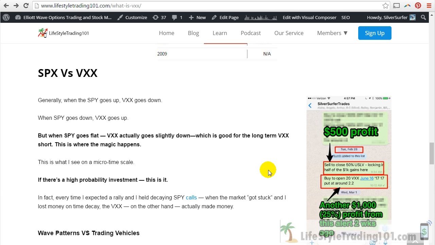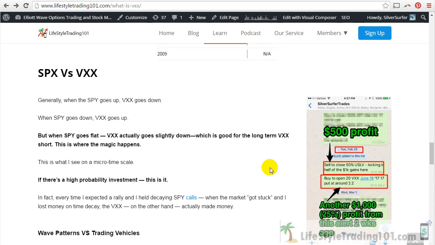And there was a period when VXX went up for several days in a row, even when the S&P 500 was rallying. That was actually something that caught me by surprise. I expected that on a good rally the VXX would go down, but instead it went up.